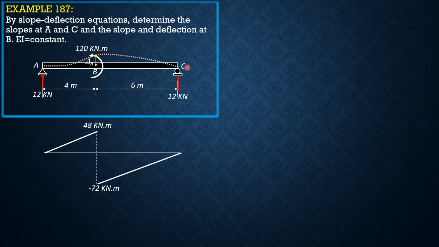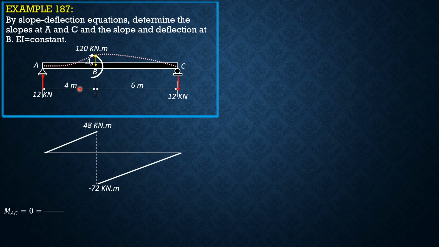While the fixed moment at C is, so minus 1/2 fixed moment at C is M, negative 120, times A, which is 4 over L square, 10 square, quantity 2L minus 3A.